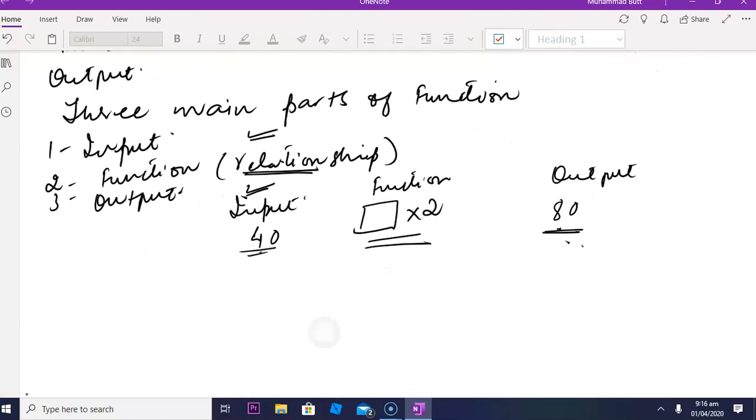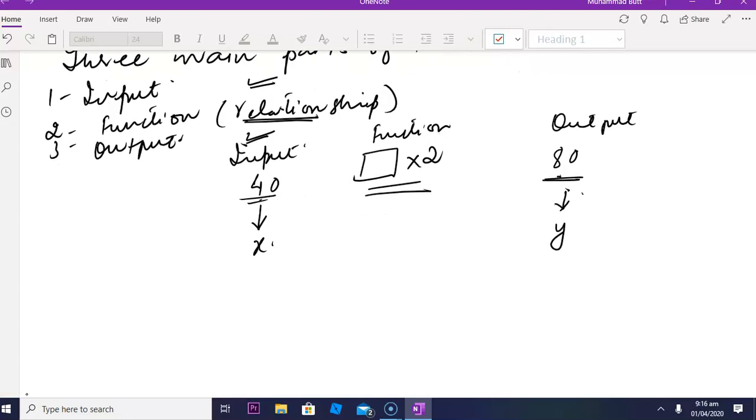We can make an equation. Let us suppose that we assume that input is x and output is y. We can make an equation over here that in order to get y, x should be multiplied by 2, or we can say that y is equal to 2x.